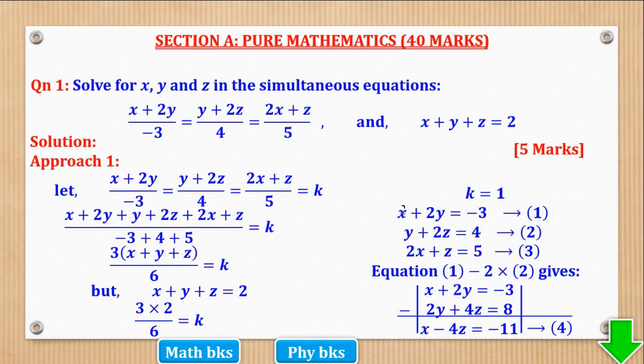I'll come at equation 1. Equation 1 has 2y, but equation 2 has y. So what I'll have to do, I have to multiply 2 throughout this equation so that I'm able to eliminate y. So now that's where this statement comes from, equation 1 minus 2 times equation 2.